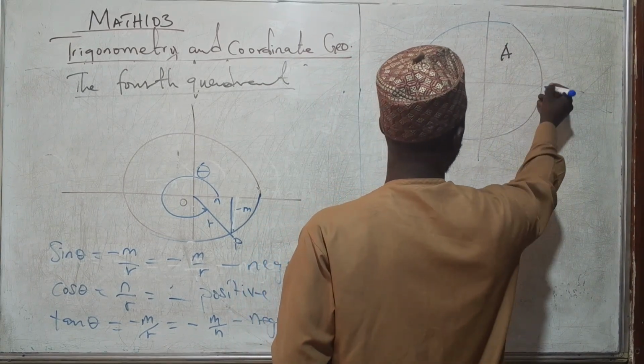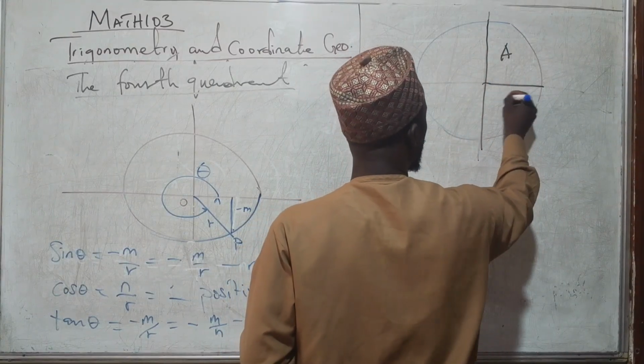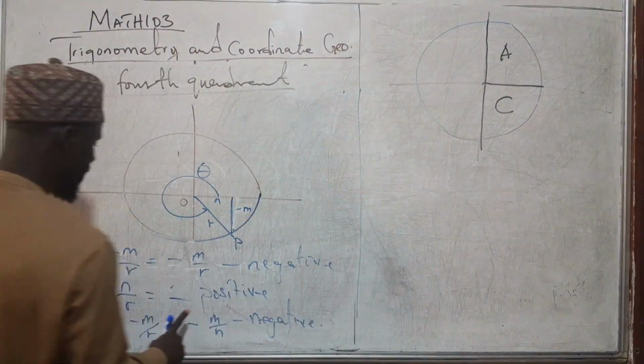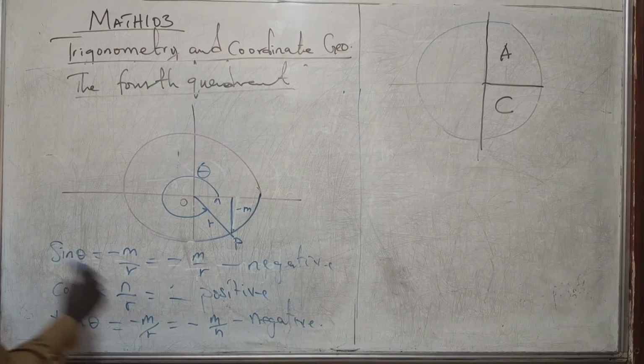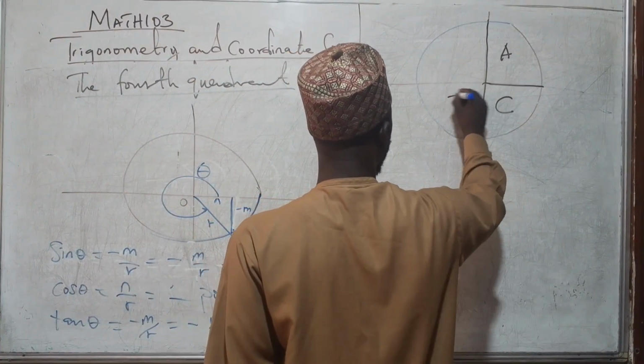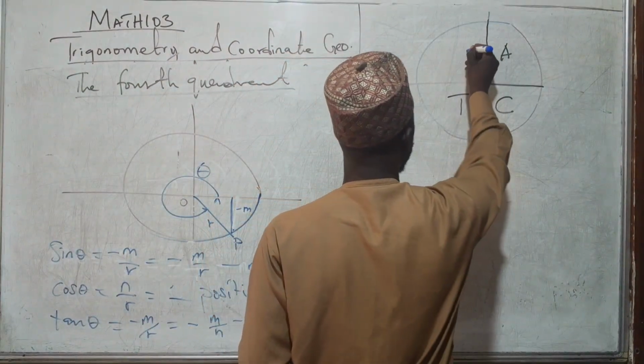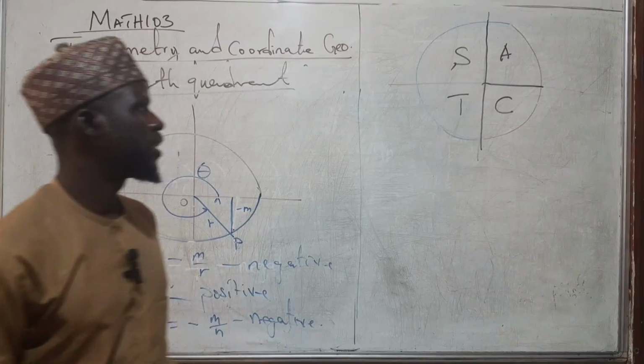Here is the fourth quadrant, where only cosine is positive. If we notice, cosine is positive while all the rest are negative. And here only tan is positive, if we can remember. And here only sine is positive.